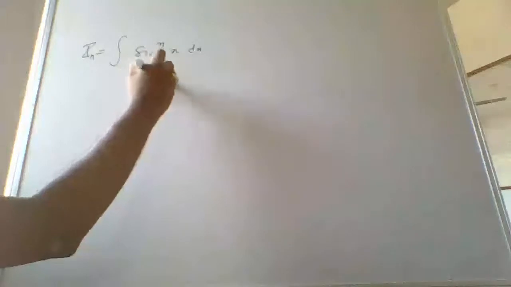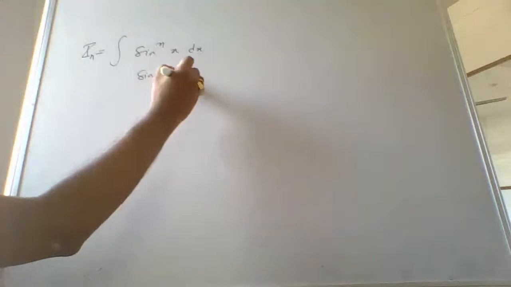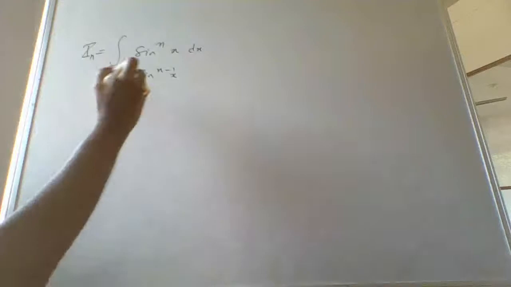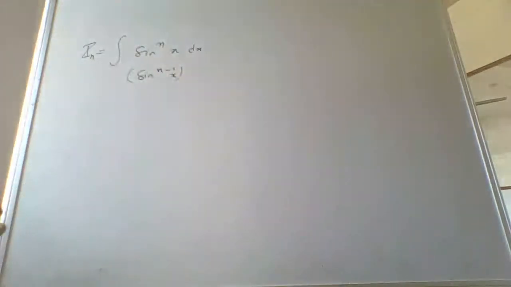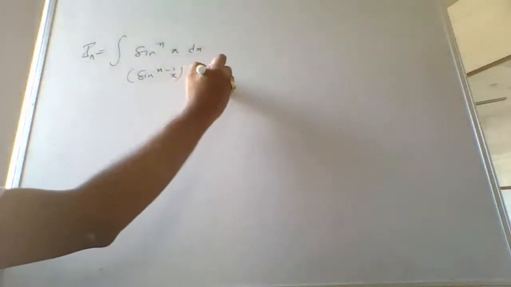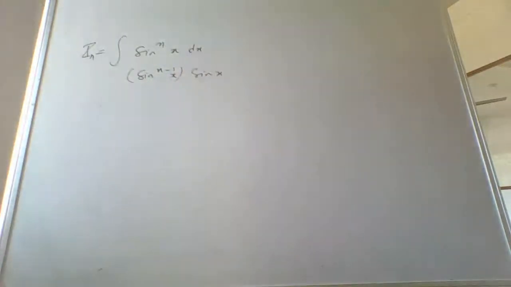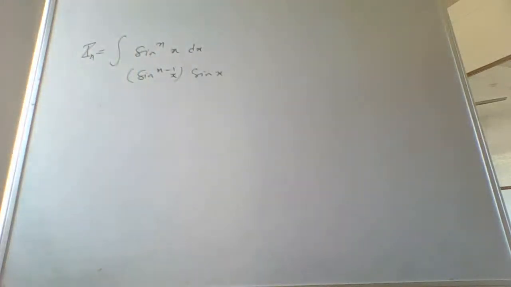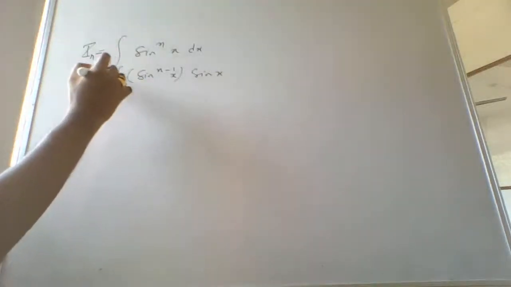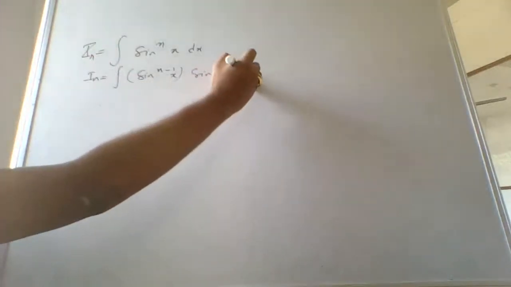Let me write sine to the power n minus 1 x into sine x. What I've done is multiplied and divided by sine, so I get back the same one, which is I n, dx.